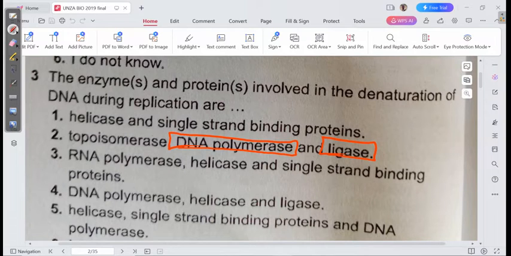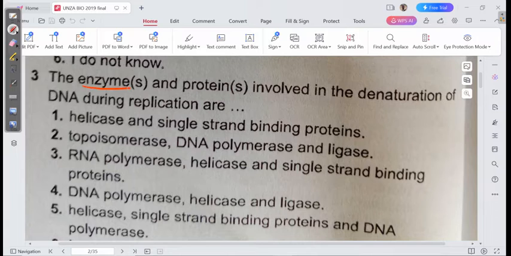So we're looking for an enzyme which is capable of denaturing DNA. To denature is simply to break or to separate the hydrogen bonds. So that enzyme is helicase. Then we are also looking at proteins.